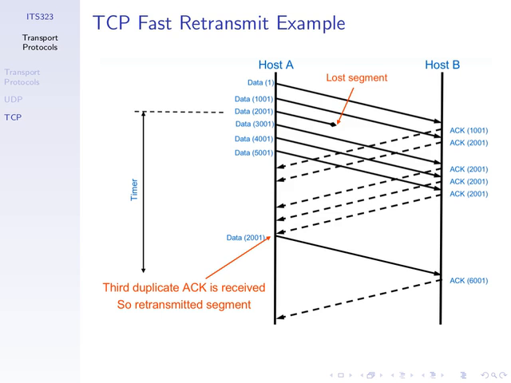And then I receive another ACK 2001, and then a third duplicate of the original 2001. And at this point I realise, or I make an assumption, I know I have sent sequence number 2001 to 3000, but it looks like B has not received it because B keeps telling me, please send 2001.